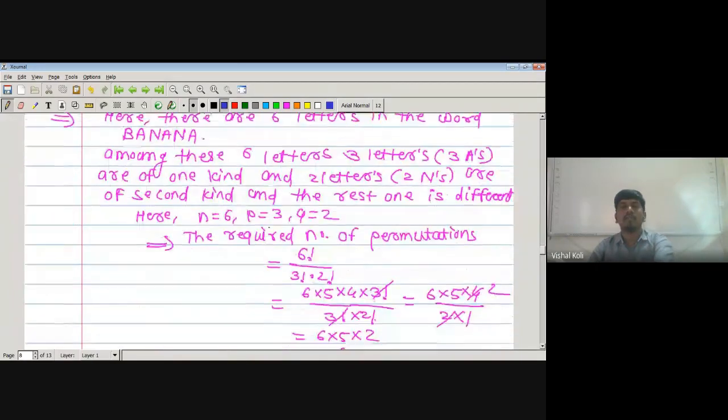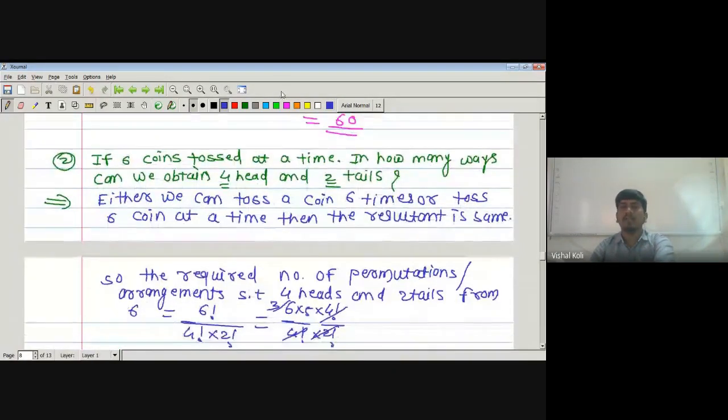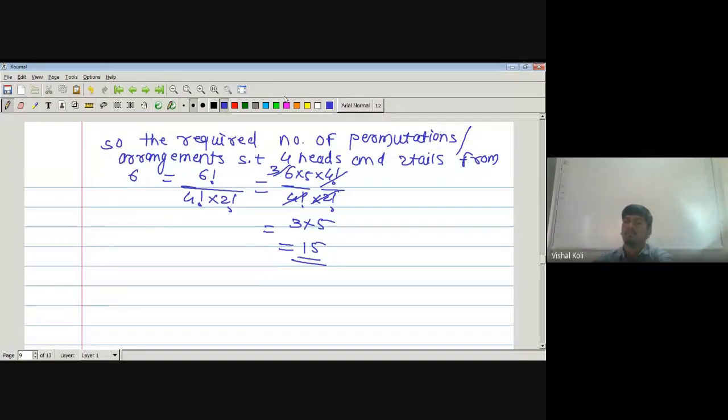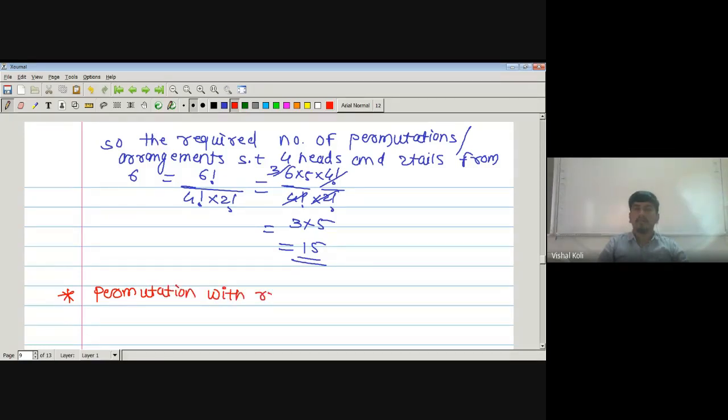Now we have to see the permutation of things when repetition is allowed. See this: permutation with repetition allowed.